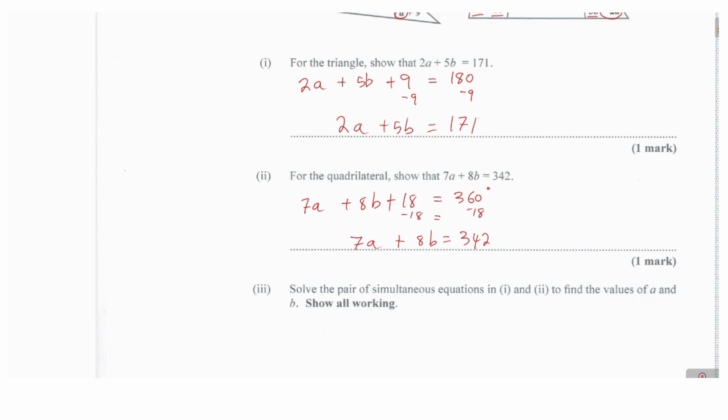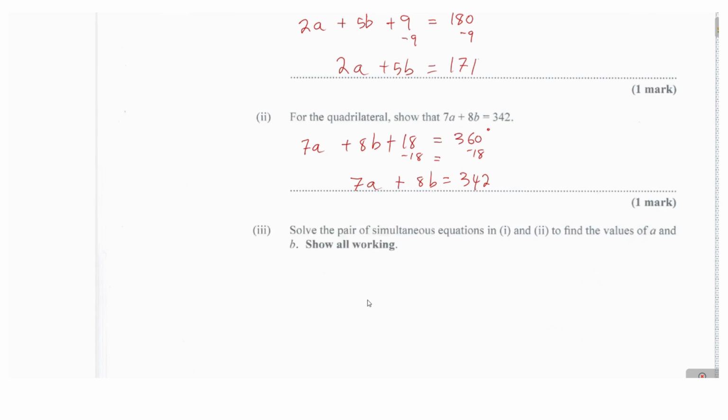Okay, so we are now on part 3 of the question, where we are required to solve the pair of simultaneous equations in 1 and 2 and find the values of A and B, and we need to show all working. So we have 2A plus 5B equals 171. Let's call this line 1.